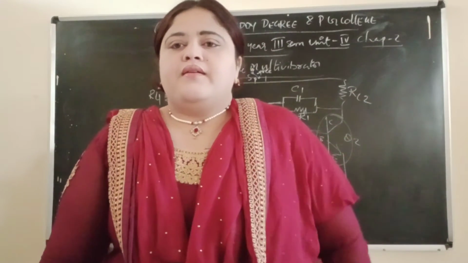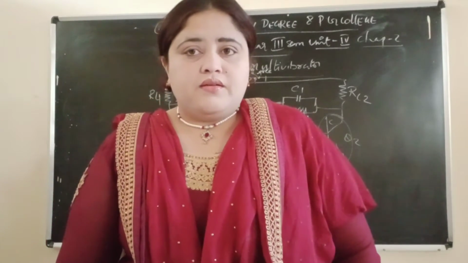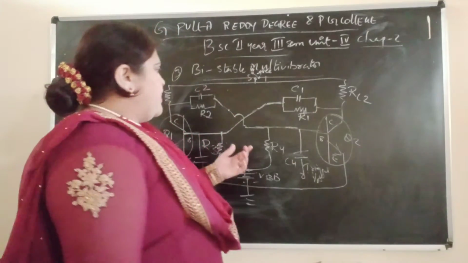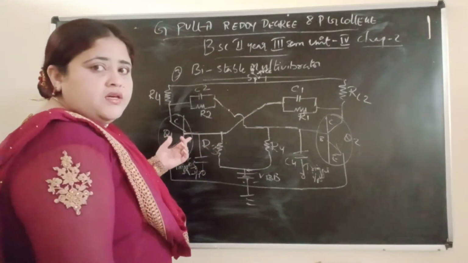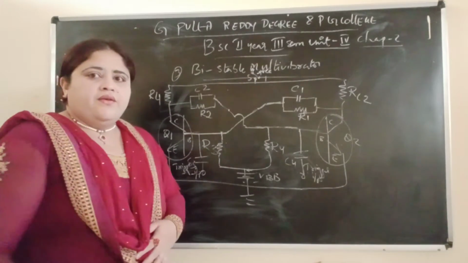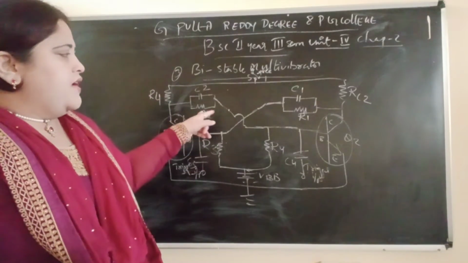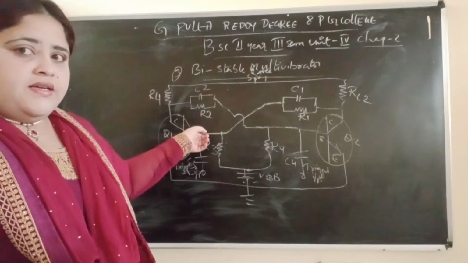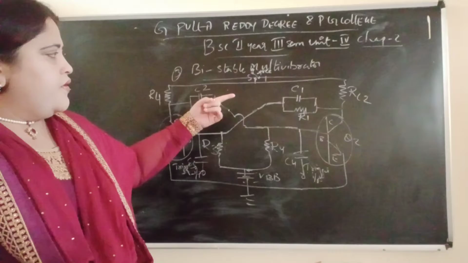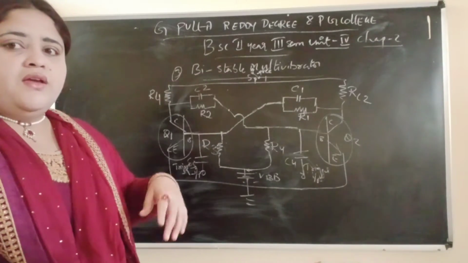Next we went to the circuit diagram. In the circuit diagram, you have to draw two transistors, Q1 and Q2. The output of the first, with the help of C2 R2, goes as an input to the second, and the output of the second, with the help of C1 R1, goes as an input to the first.